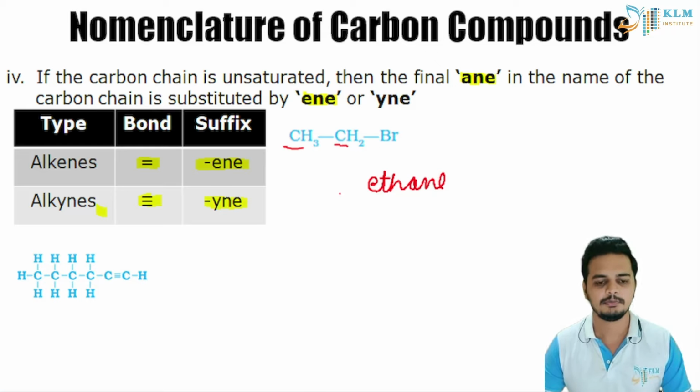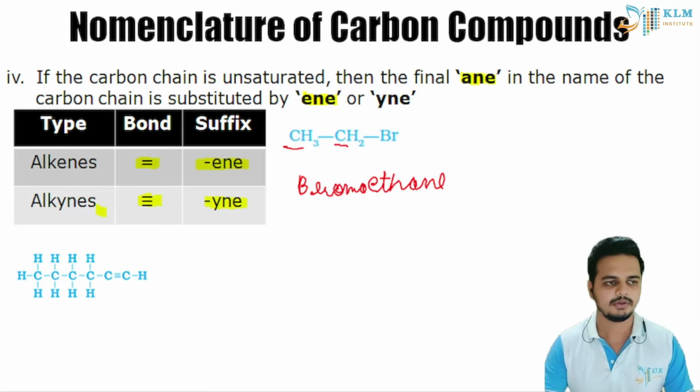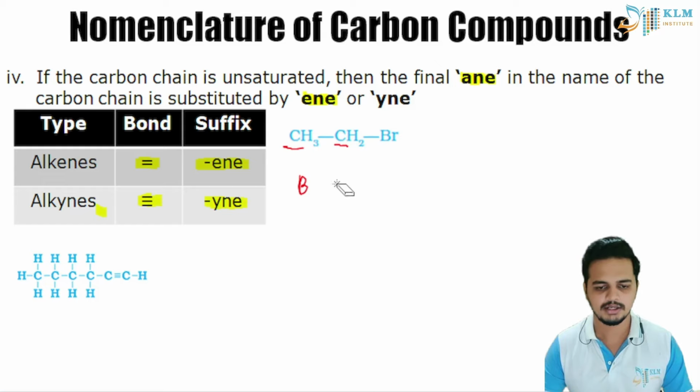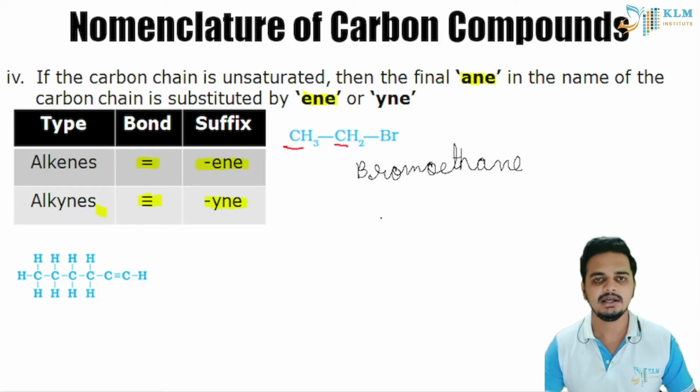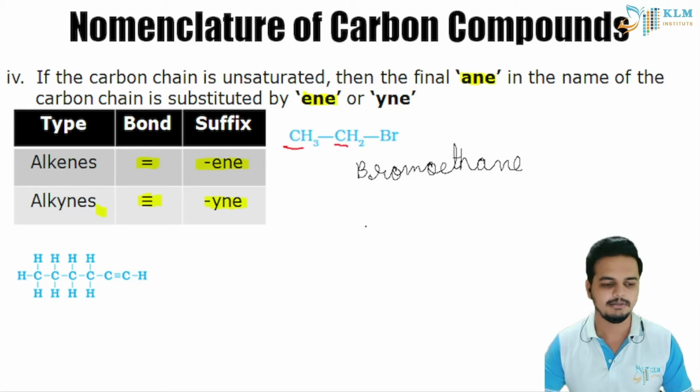The functional group present is bromine. So it becomes bromoethane. So you can figure it out easily in this black sketch. Bromo, ethene, sorry, ethane. When would it become ethene? If the compound had double bonds.